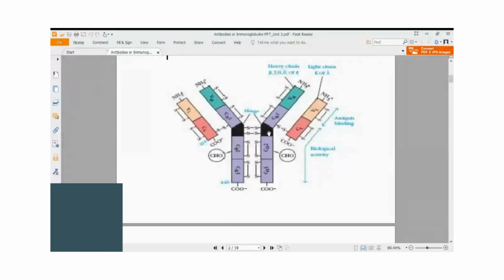So IgG, IgA, and IgD molecules are made up of three constant region domains: CH1, CH2, CH3. I can call that C gamma 1, C gamma 2, C gamma 3 for gamma globulin. For IgA, C alpha 1, C alpha 2, C alpha 3. Similarly for antibody D, delta 1, delta 2, delta 3.